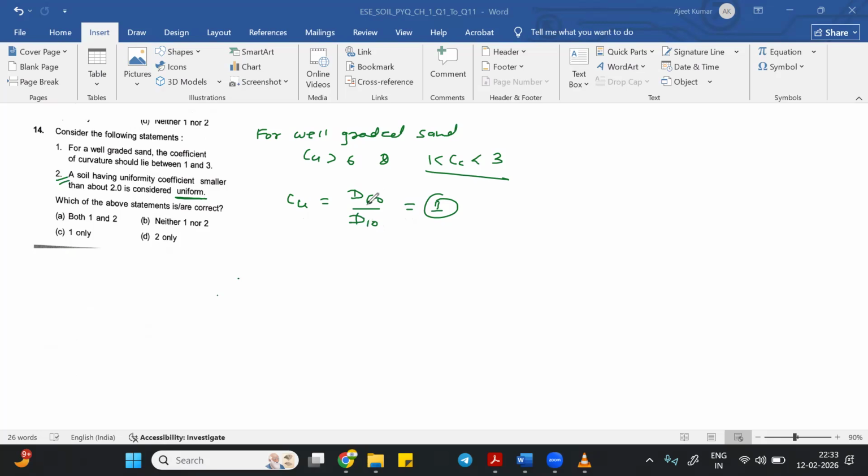If D10 and D60 are nearly equal, then also it is called poorly graded soil. So both statements are true, option A will be the answer.